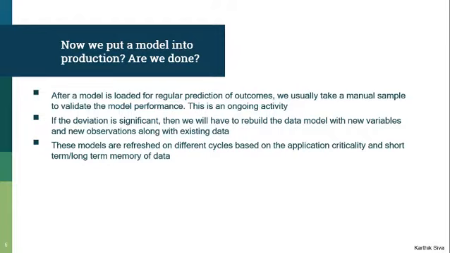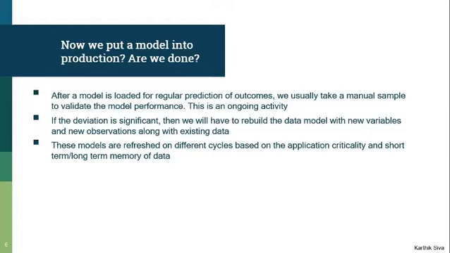And if the deviation is very significant, then we will have to rebuild the model with fresh data, maybe add new columns or add new rows along with existing data. These models are refreshed on different cycles depending on the use cases, depending on application criticality, and depending on how far back you want to go with your data.